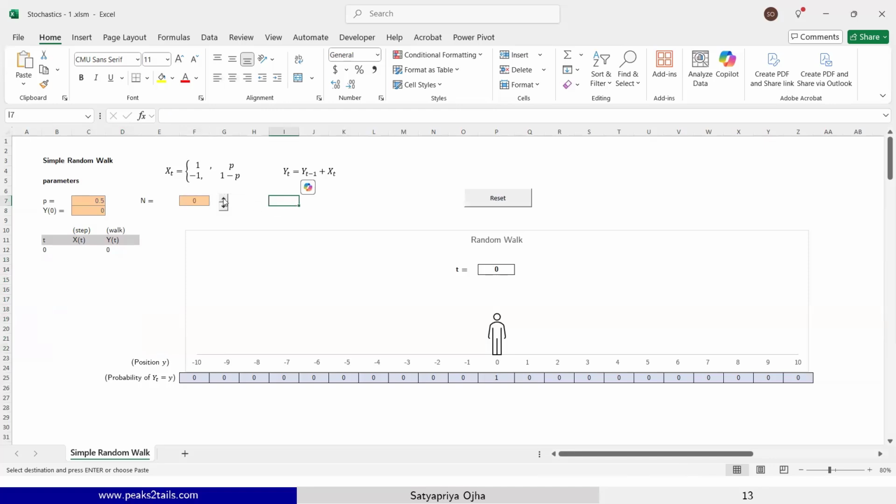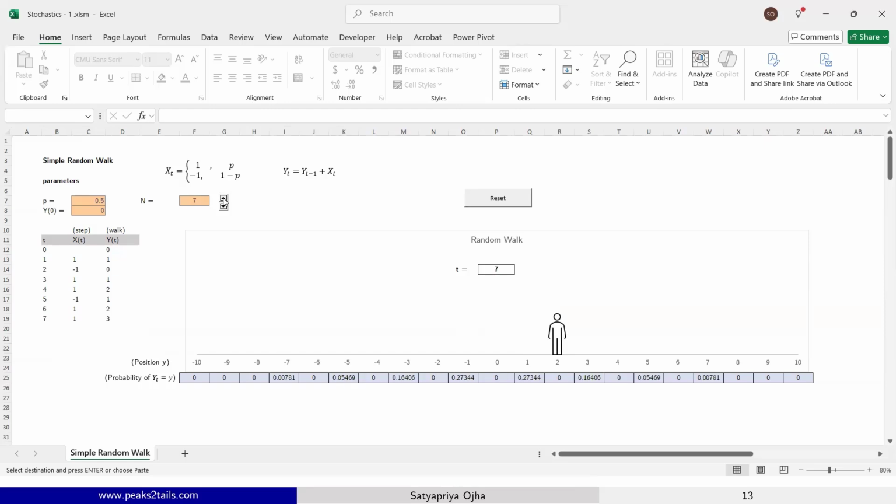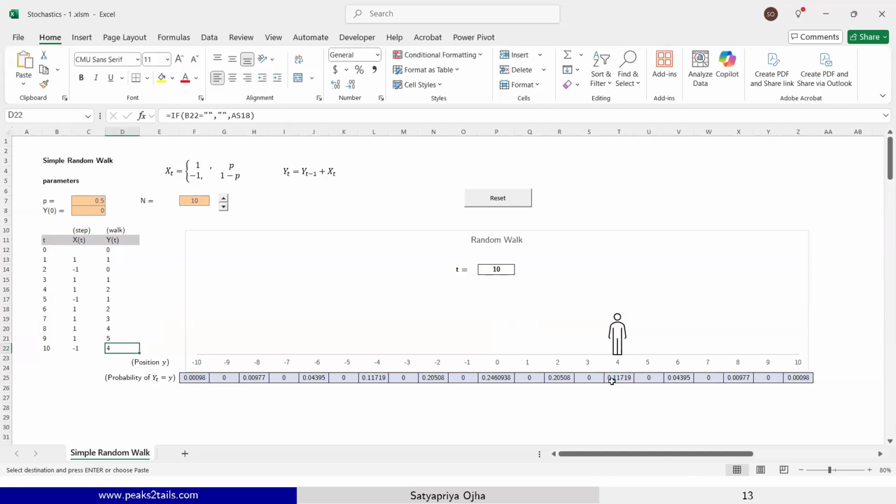Let's do another simulation. It should be a little different. Okay, now after 10 steps, you are here at 4. These are the steps, and this is where you are right now.